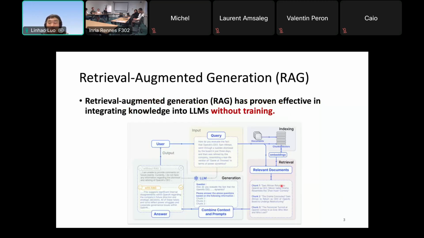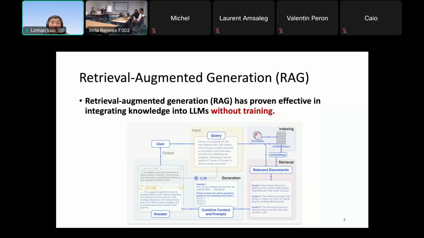To solve these limitations, there are a lot of practices, and the most commonly used method is retrieval augmented generation. Given a user question or query, we retrieve some knowledge from documents or a database, and this knowledge is injected into the context of the LLM.